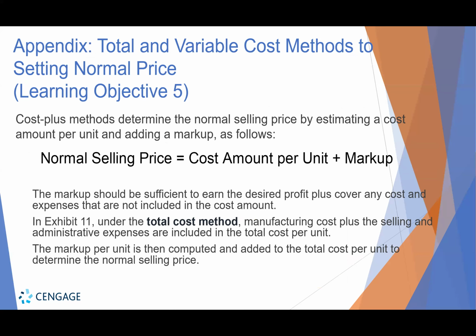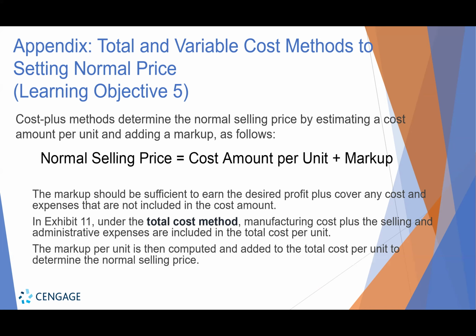So this appendix talks about setting normal price. Again, we know normal price is the cost amount plus our markup. The markup should be sufficient to earn a desired profit plus cover any costs and expenses that are not included in the cost amount.